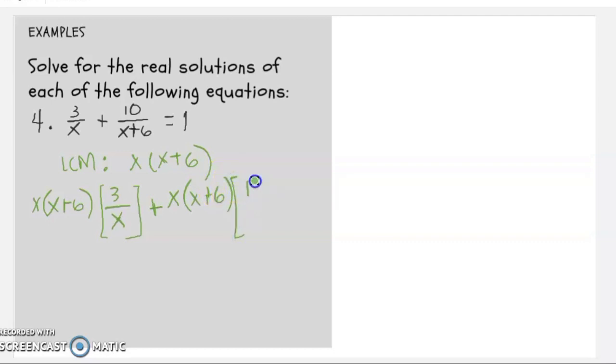Then, 10 over x plus 6. Is equal to x times x plus 6 times 1. Ito. Okay? O, simplify natin.